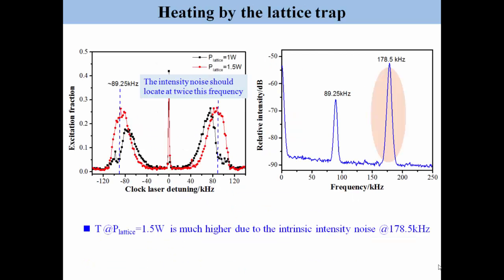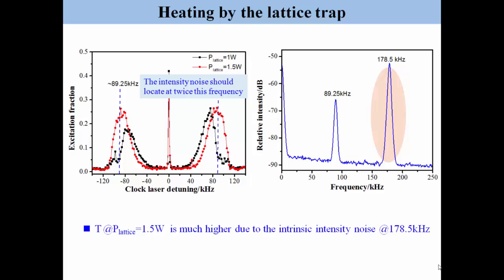Indeed, we find the lattice laser intensity has intensity noise distributed at this frequency, which explains that the heating happens at a trap frequency of about 90 kilohertz.